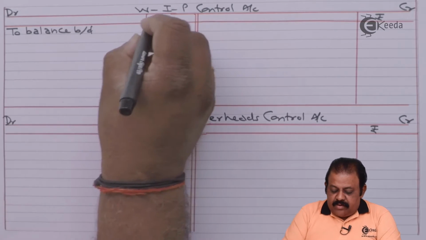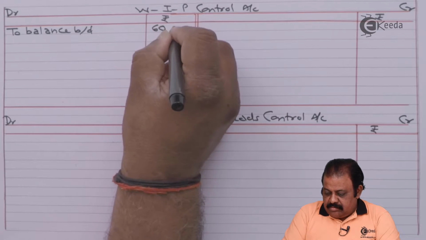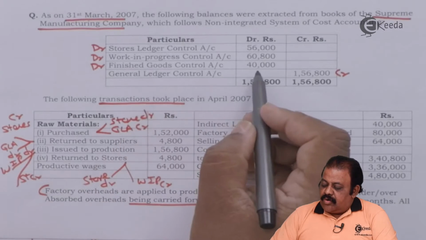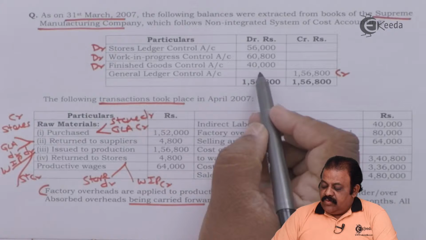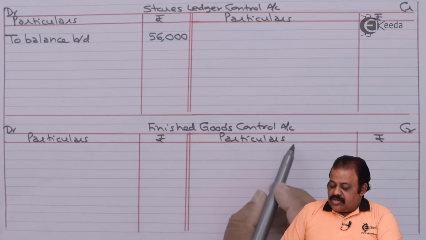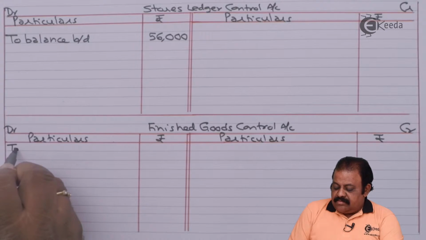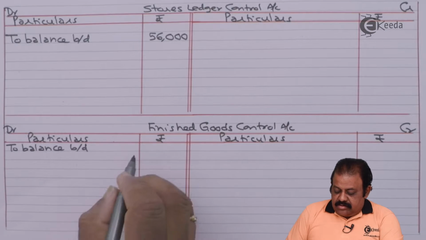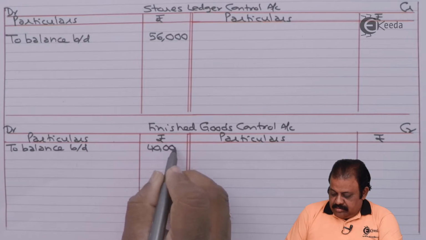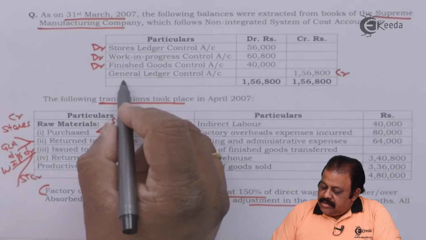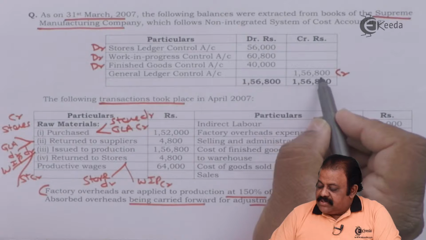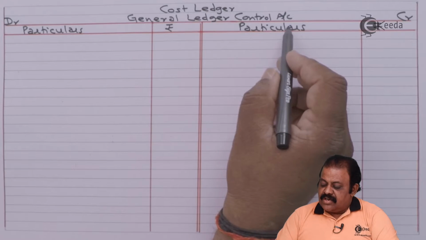To balance brought down 60,800. Finished goods control account, debit 40,000, on debit side. To balance brought down 40,000. General ledger control account, credit 1,56,800.